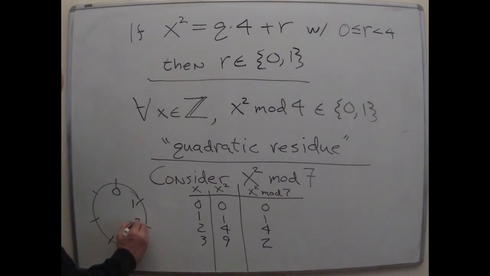Those numbers are 1, 2, 3, 4, 5, 6. I've got a clock like that, and these are the values of the residues. But if I think about -1, it's just 1 hour before midnight on this 7-hour clock, so it's 6.